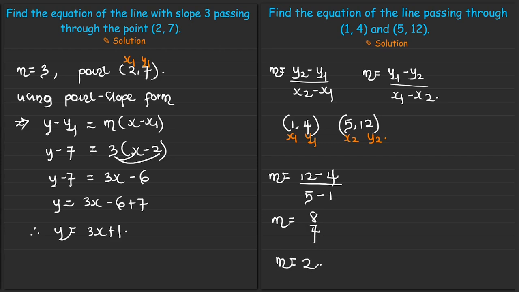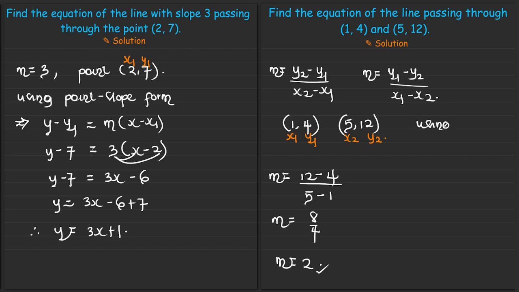So with this, you have the gradient and 2 points. So with the gradient and any of the points, you can solve for the equation of the line, just as we did for the previous one. Hence, we would need to decide on which to use. I would be using this one, but if I finish, you should also use this and confirm for me in the comment section if you had the same answer.